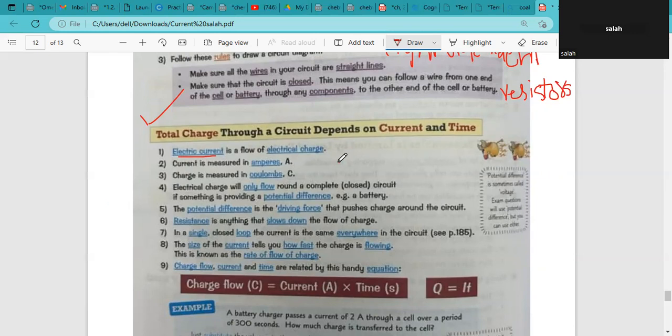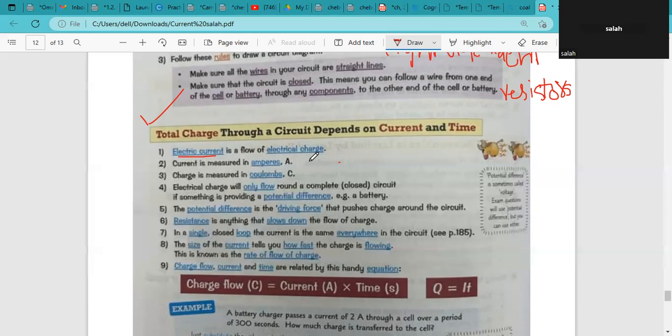It means that the electric charges are flowing, and the flow of electric charge through any cross-sectional area is called current.